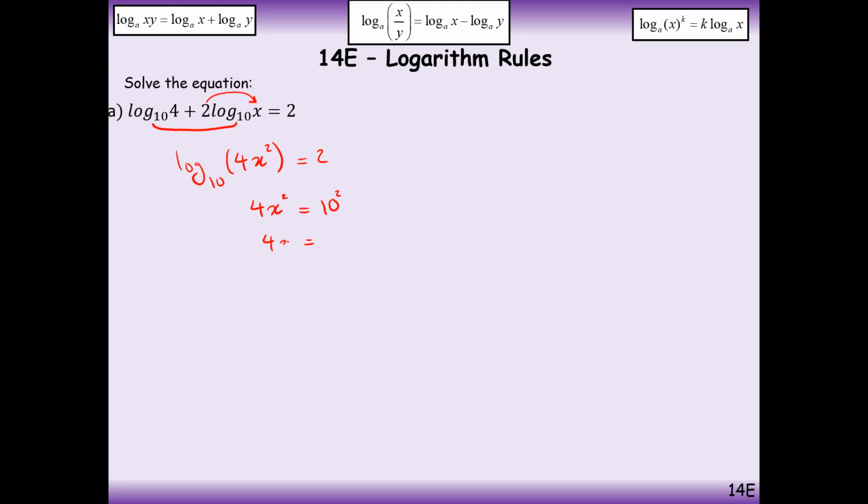So 4x squared is 100, therefore we divide by 4 and we take a square root. And because I have an x here, I know that x has to be positive. It cannot be negative. So I'm not going to write a minus sign.